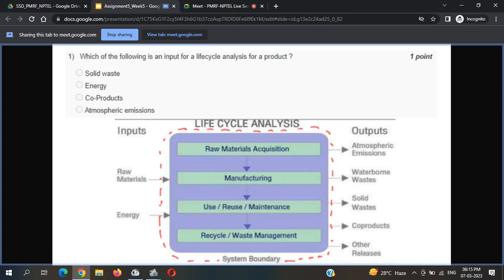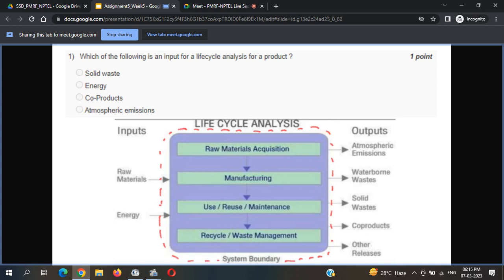Then there can be solid waste. So solid waste can be there during the material acquisition time. While mining gives you the raw material which you need for the product manufacturing, it also gives a lot of waste which is a part of the natural ore or natural material which you extract from nature, but it is not used in the manufacturing process.